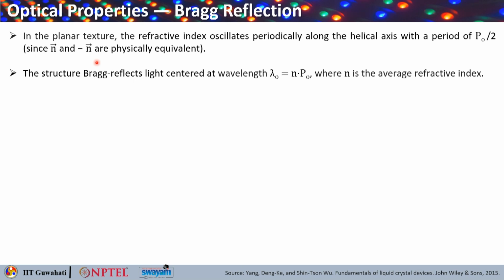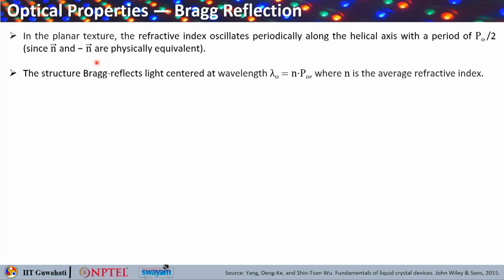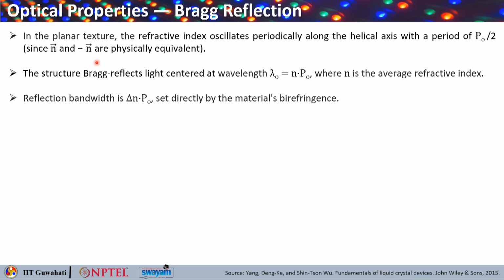So the structure Bragg reflects light, because it is a periodic, grating kind of structure. That reflection is centered at wavelength lambda naught, given as n p naught, where n is the average refractive index.